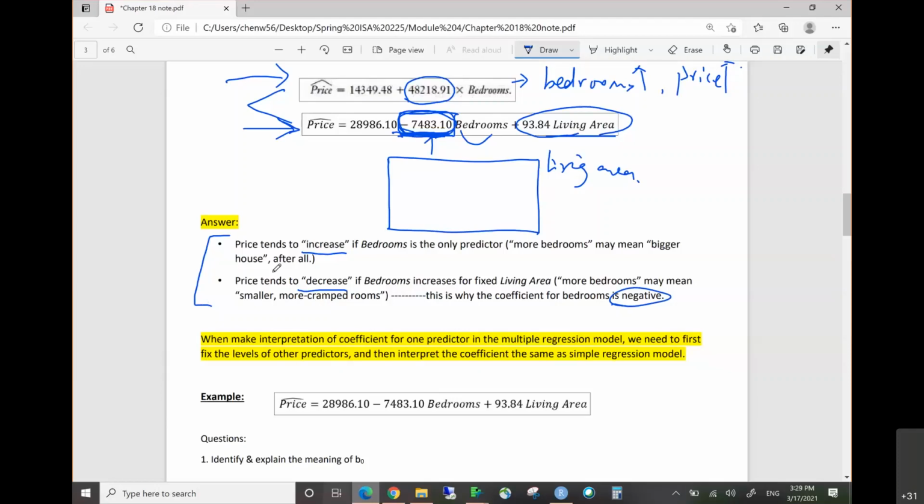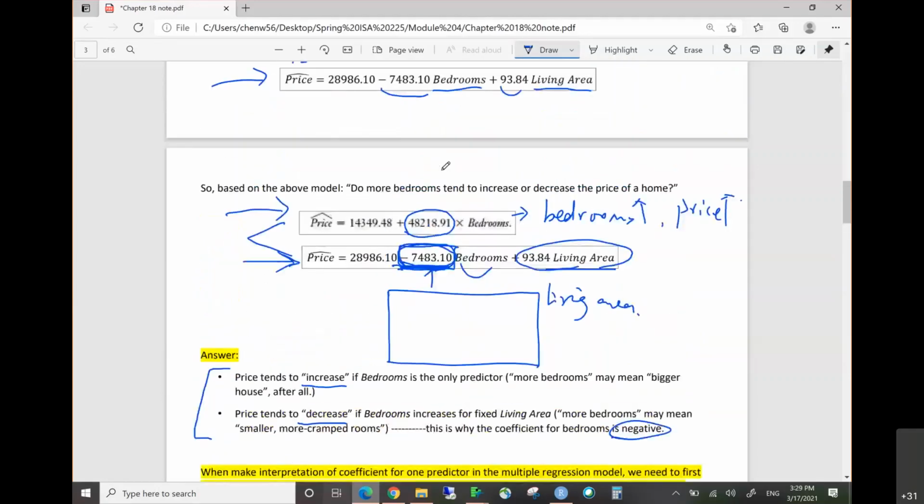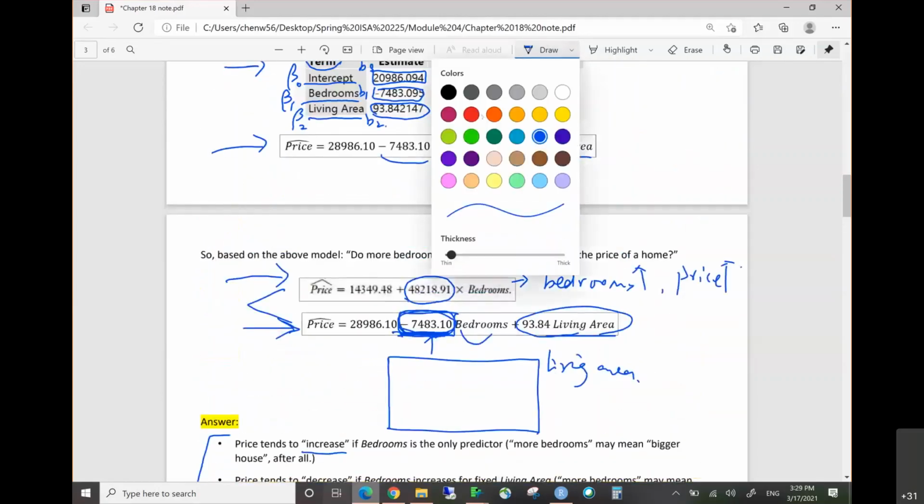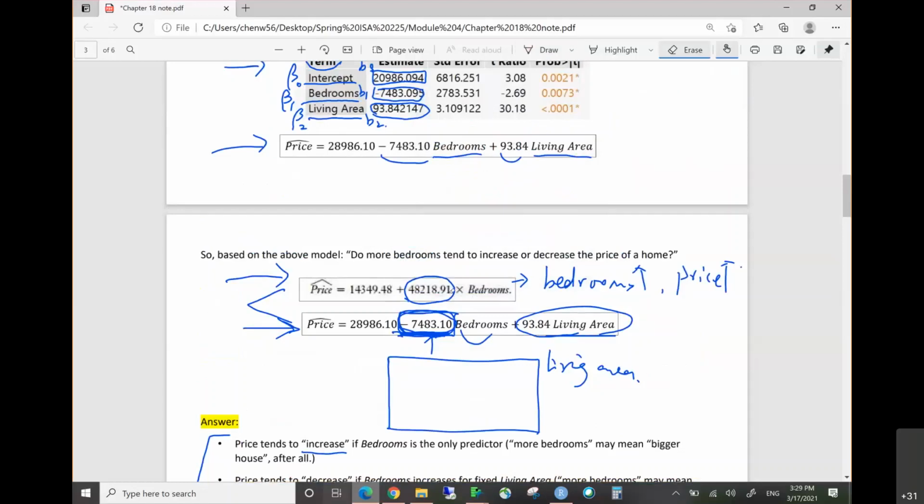All right, so now that means for the simple regression, you have the positive coefficient, but for the same sample, if you add one more variable into this regression, the coefficient can change to negative.